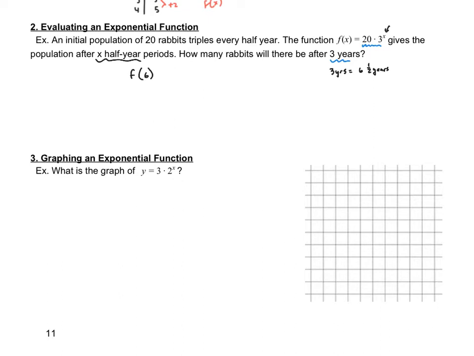So wherever there is an x, I'm going to put 6, so that's going to be 20 times 3 to the 6th power, and that should tell me how many rabbits there will be in 3 years. Okay, when I put that in the calculator, that ends up giving me 14,580. So we're going to have 14,580 rabbits according to this equation after 6 half years or 3 years.